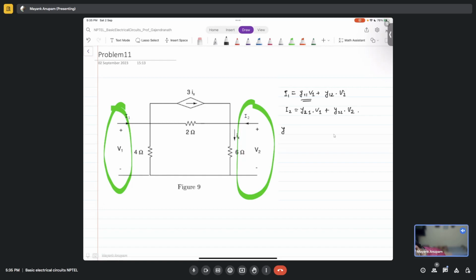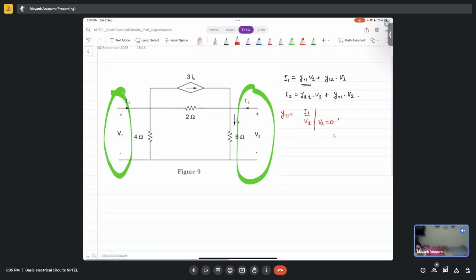So what is y11? It's I1 by V1 when V2 is equal to 0, correct. Similarly, what is y12? I1 upon v2 when v1 is equal to 0, correct?